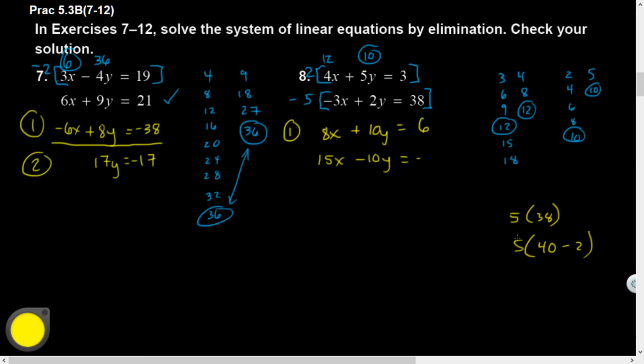Let's distribute. 5 times 40, 5 times 4 is 20, plus a 0, so that's 200. Minus 5 times 2 is 10, so I get 190. So negative 190 is what I get. I was able to use the distributive property to help me figure out multiplication by a number that seemed scary to me. And the negative times the positive became this negative here.